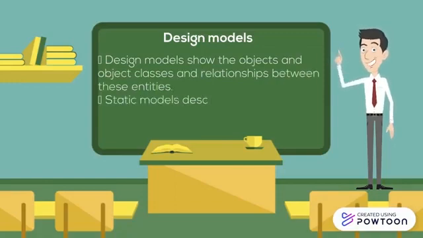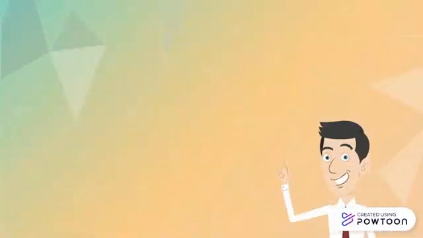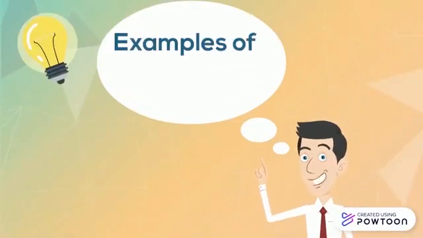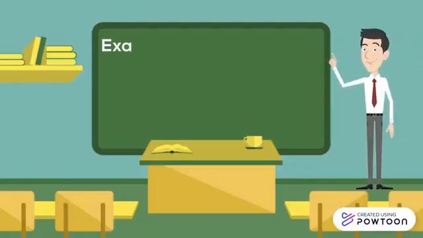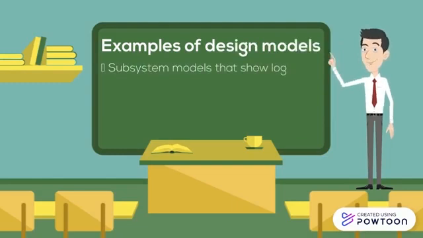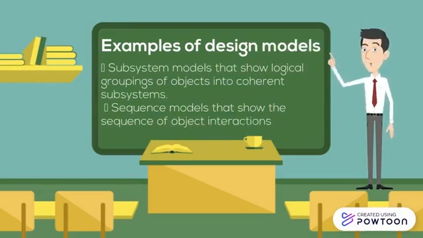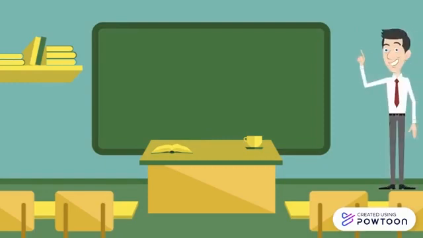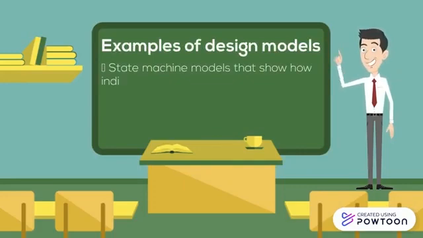Static models describe the static structure of the system in terms of object classes and relationships. Examples of design models: subsystem models that show logical groupings of objects into coherent subsystems; sequence models that show the sequence of object interactions; state machine models that show how individual objects change their state in response to events.